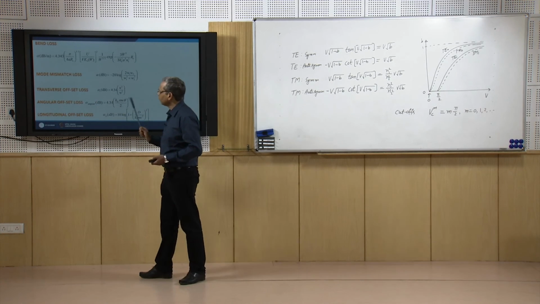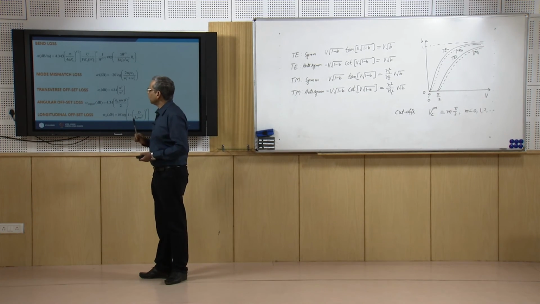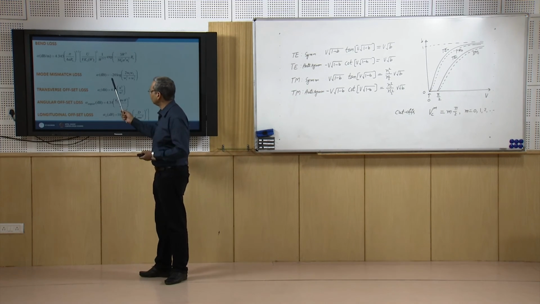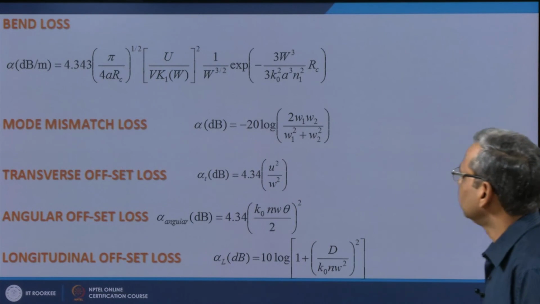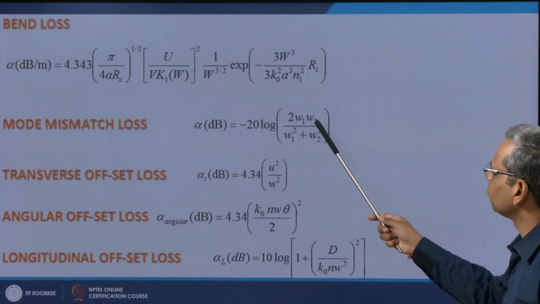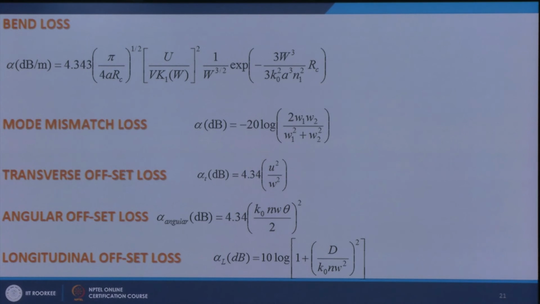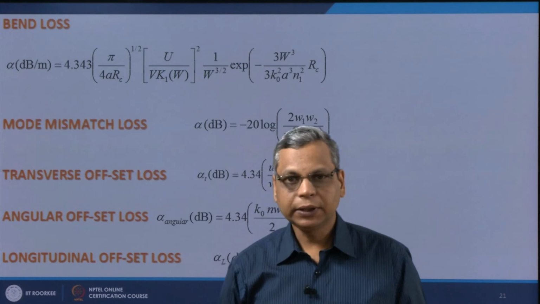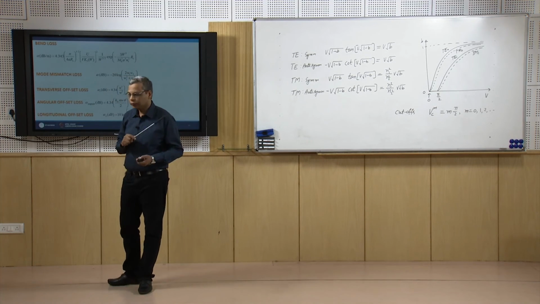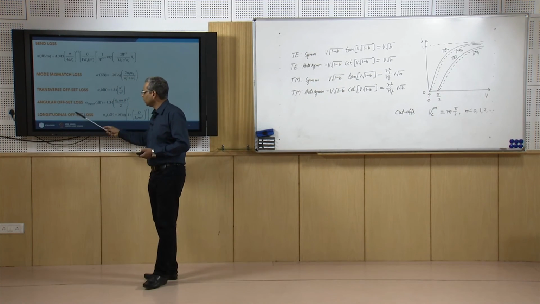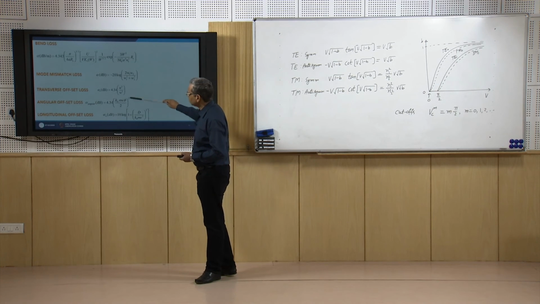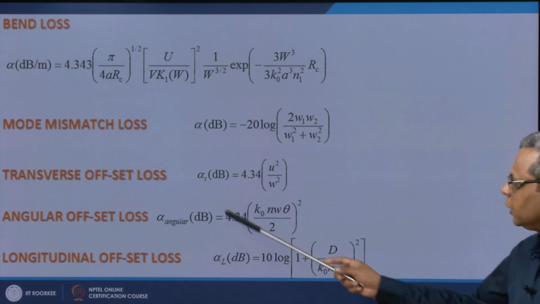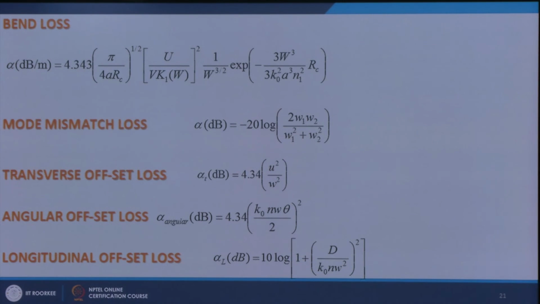If two fibers are not identical, then even if there is no misalignment while joining, there would be a loss known as mode mismatch loss, which is purely due to different spot sizes of the modes of the two fibers. If you join two identical fibers, there can be three kinds of misalignments: transverse, angular and longitudinal, and these are the misalignment losses or splice losses. So this we had seen.